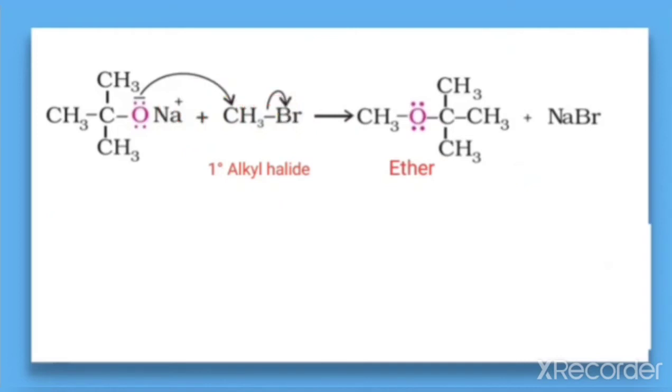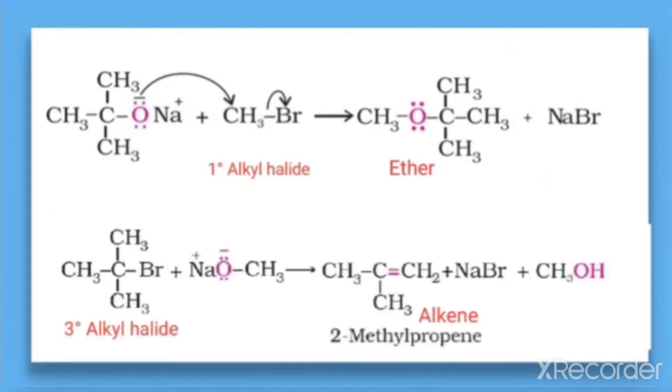That means it is more preferred to prepare the unsymmetrical ether by using a primary alkyl halide, because when we use a secondary or tertiary alkyl halide, instead of undergoing the preparation of ether, it undergoes the preparation of alkene, which is shown here.